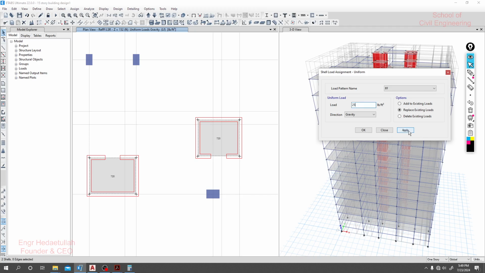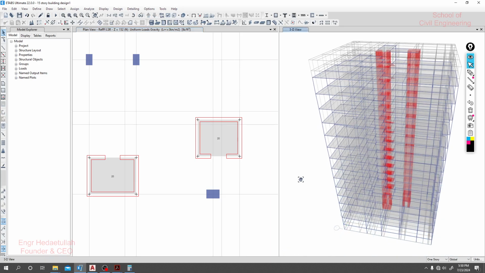Let's see, 25. Provide some live load. Select, apply, done.